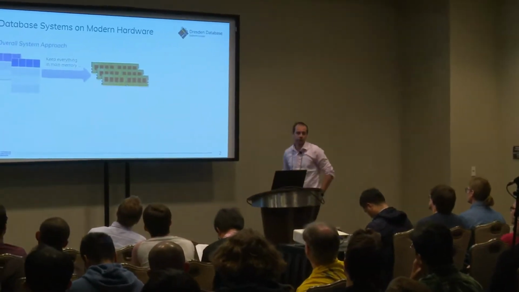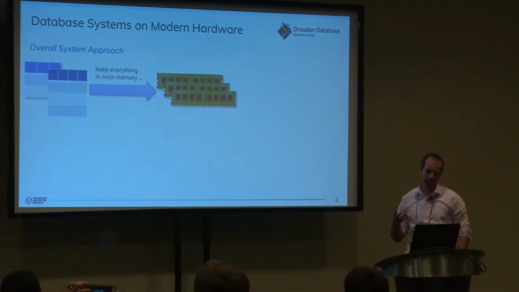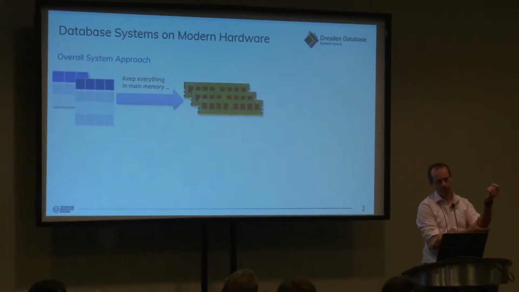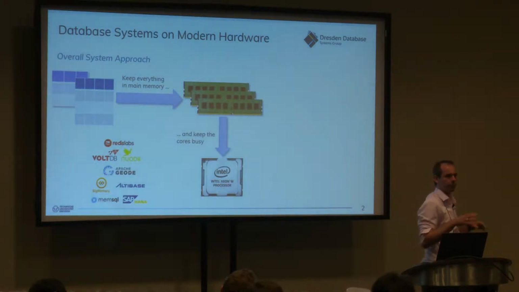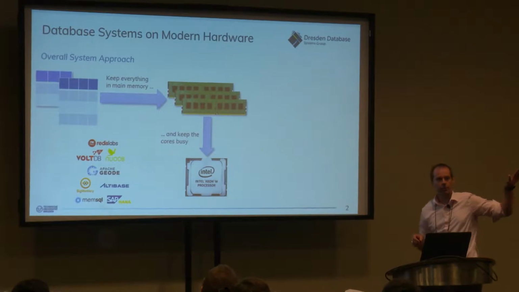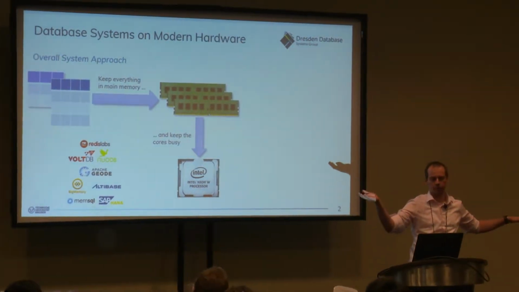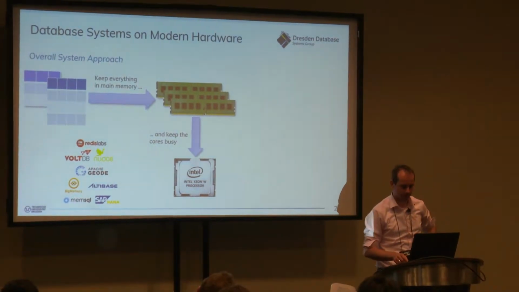Okay, so the way we optimize our database systems today, or how we design them, is we try to keep as much data as possible in main memory, and we try to keep all our cores busy. We do a lot of things to optimize our systems, to reduce query latency and to increase query throughput.